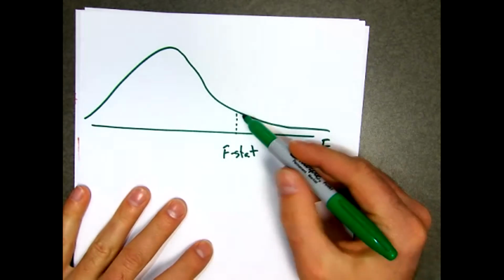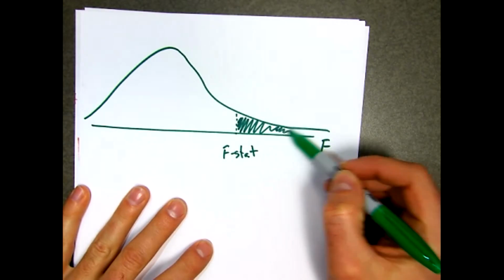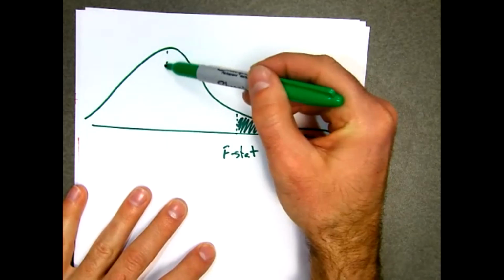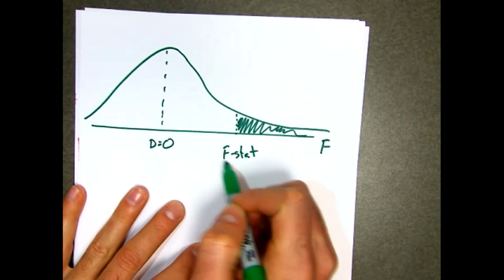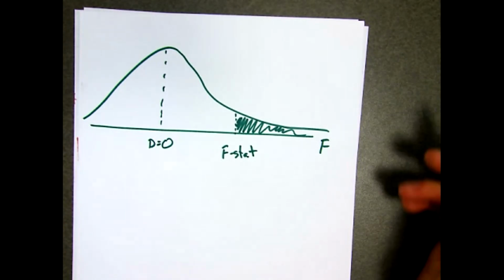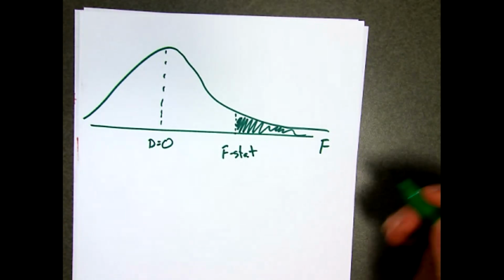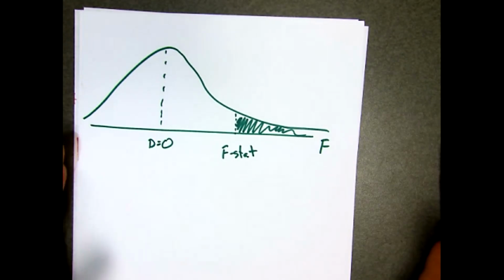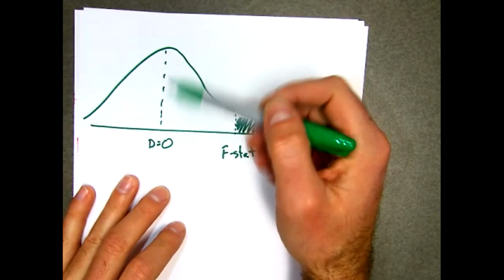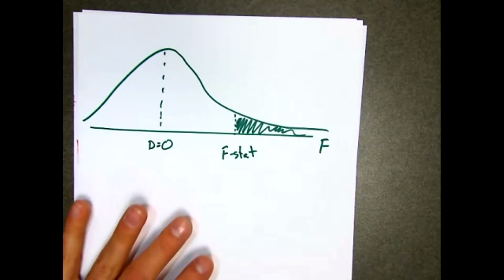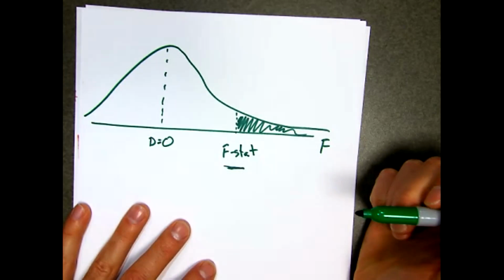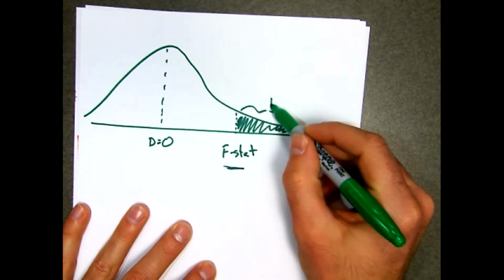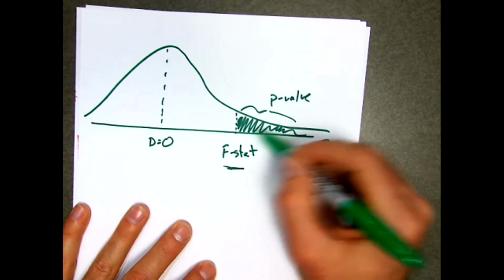The assumed true difference would give an F statistic of 0, where all the sample means are exactly the same. That's probably never going to happen in practice, but that's what we use as our assumption, that the difference between all these groups is 0. So we come up with some F statistic, and then our p-value is the area to the right of it.